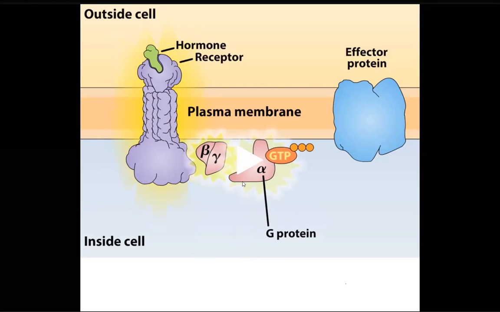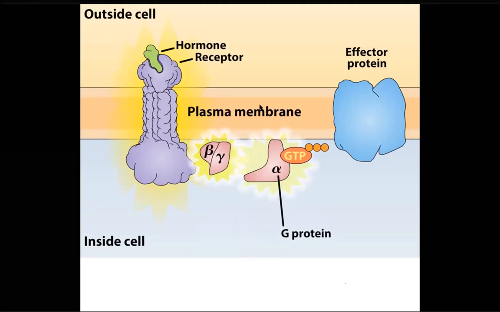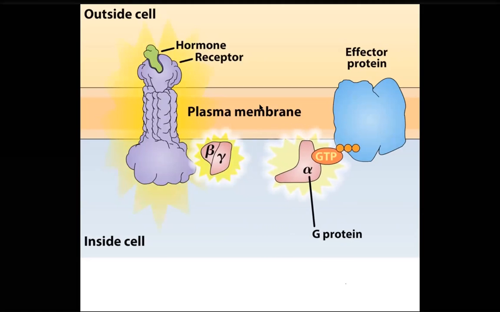As the G protein has become activated, it will move and bind to specific effector protein molecules. Its binding to the specific effector protein molecule will activate the effector proteins. The two parts of the G protein move away from the receptor and from each other to interact with target proteins.